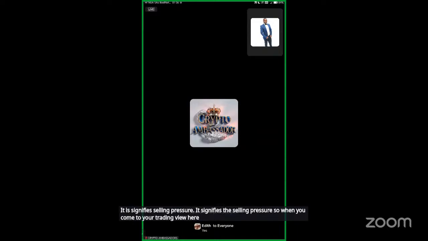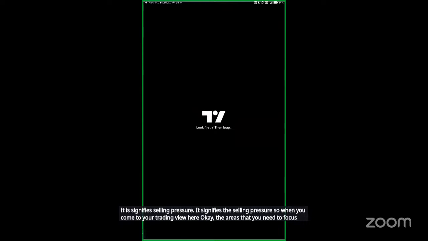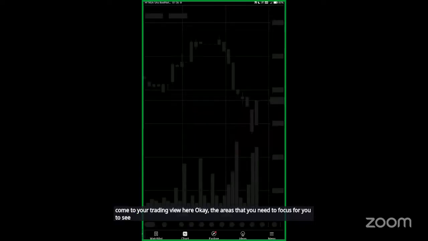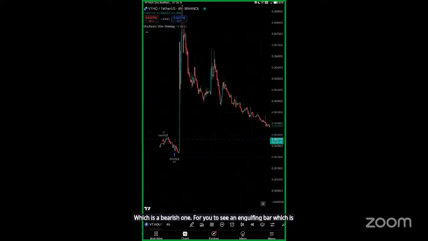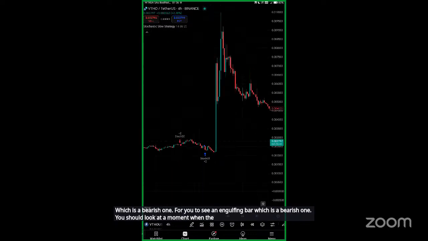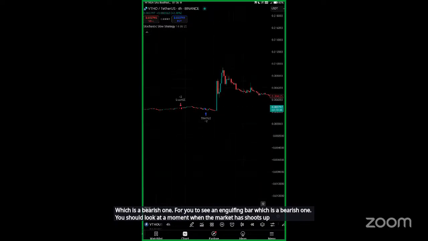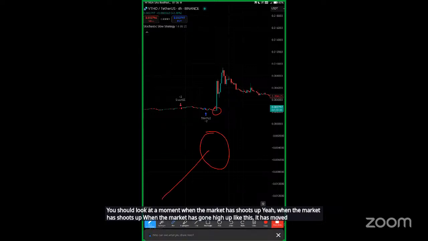So when you come to your TradingView here, the areas that you need to focus on to see an engulfing bar, which is a bearish one: you should look at a moment when the market has shot up, when the market has gone high up like this, moved from bottom to high.